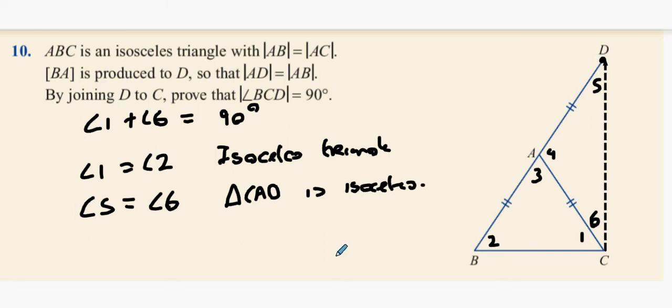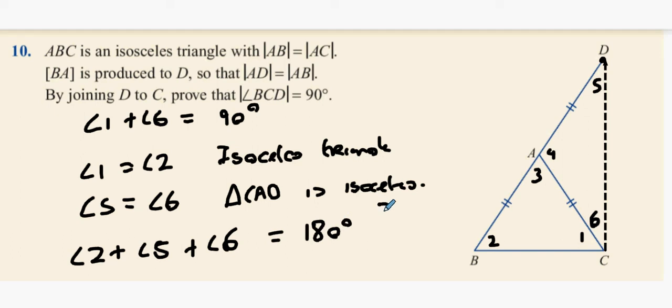And we need to get a number into it, so I'm going to go for 3 angles in a triangle. I'm going to say that angle 2 plus angle 5 plus angle 6 equals 180 degrees. 3 angles in a triangle.